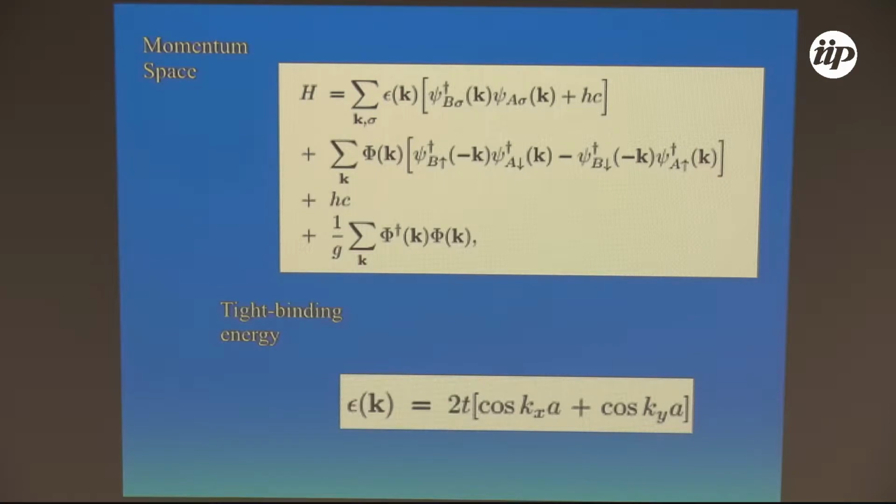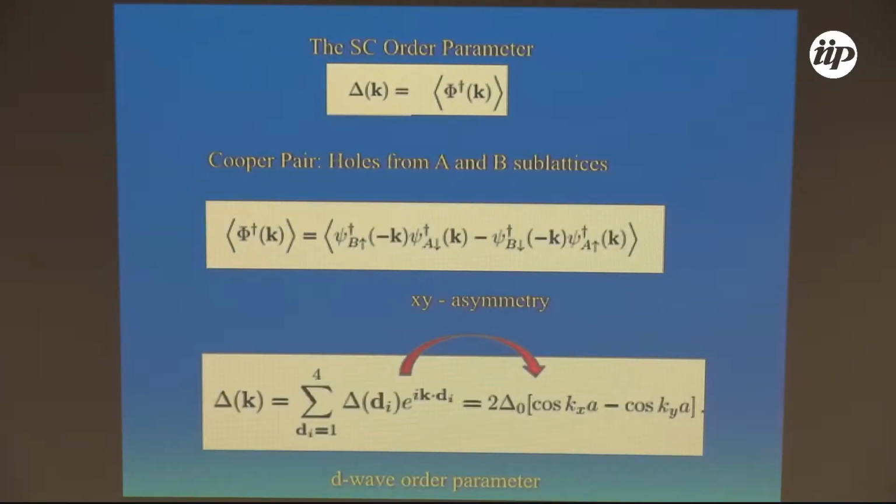So in momentum space, we just do the Fourier transform, and we get something like this. This is the usual hopping term, where epsilon is the tight-binding energy. And the superconducting order parameter, as I said, is given by this vacuum expectation value.